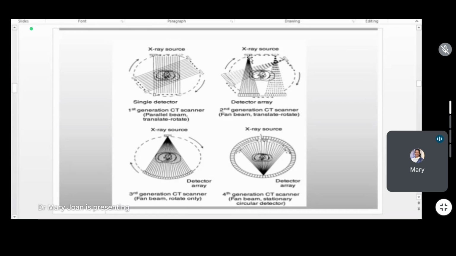Then in the second generation we have fan beam and the same detector with translate rotational movement. And then here only the rotation, not the translation, as the wide fan beam is able to cover the translational area. And here it was only these many detectors. Here we have the whole ring available.